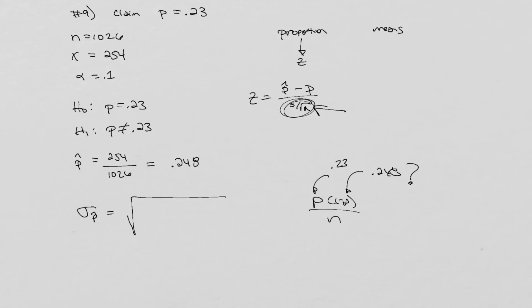So we're going to make that as hard as we can on ourselves. So we're going to assume that the claim is true and go from there. So if we're assuming that the claim is true, we're assuming that P should be 0.23, right? Not our 0.248. And then if you divide all this out, I think you get 0.013, right? So that's the number we can use in that denominator over there.